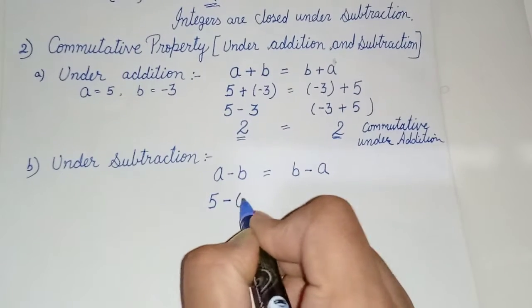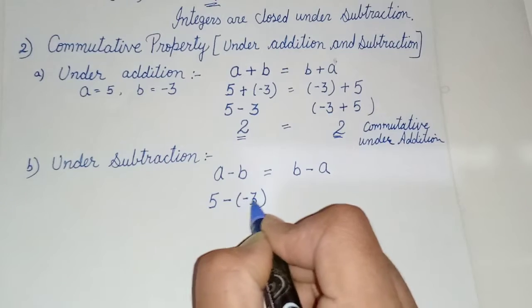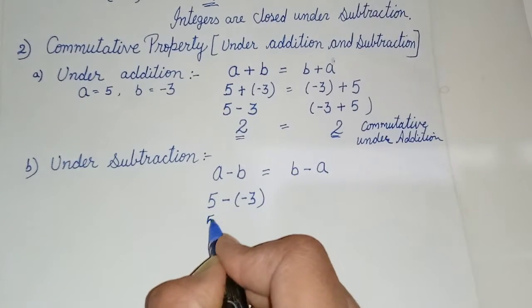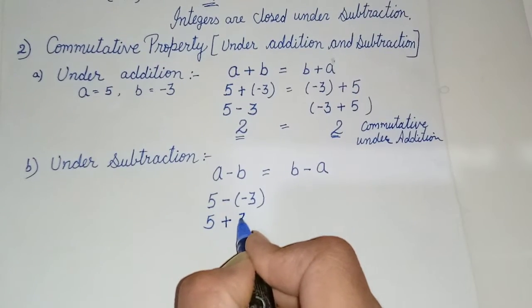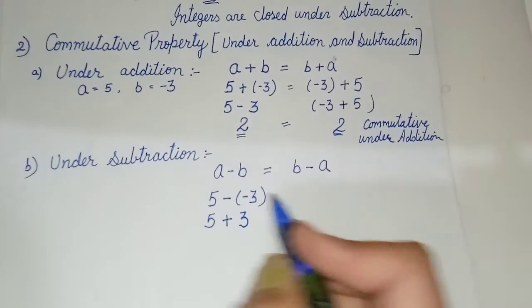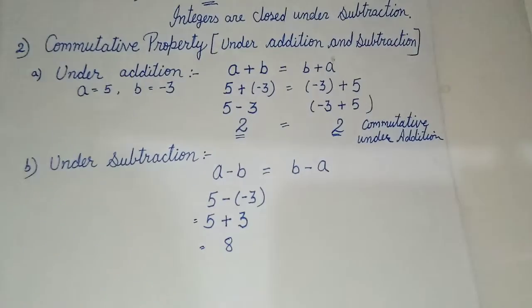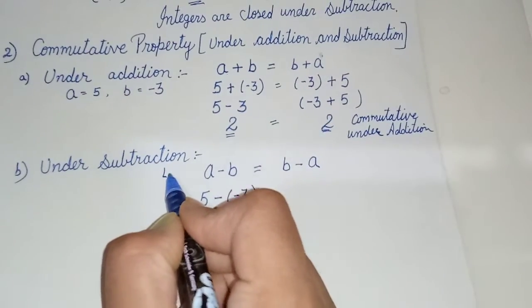A minus B. This is the minus of the subtraction and this is the value of B. Right, so when I open the bracket, 5 minus minus will be plus 3. 5 plus 3 we get 8. This is the solution of LHS.